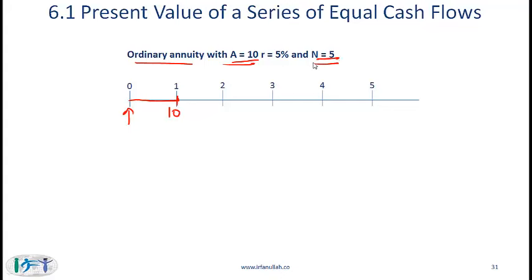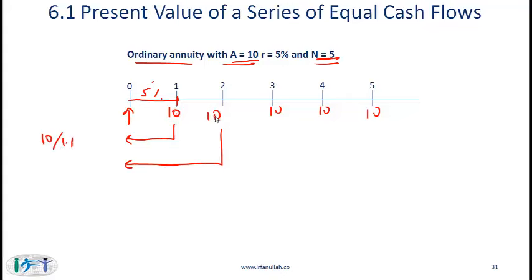When we say n is equal to 5, that means that this payment will happen 5 times, and the interest rate that is given is 5%. The brute force way of calculating the present value is to simply take each cash flow and compute the present value. So for the first cash flow, the present value will be 10 divided by 1.1.